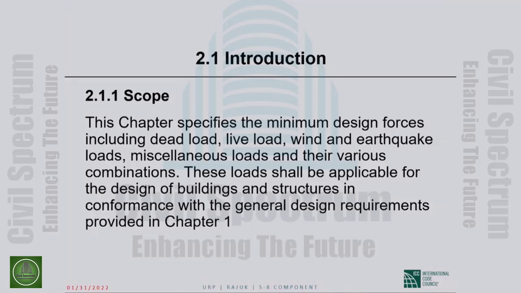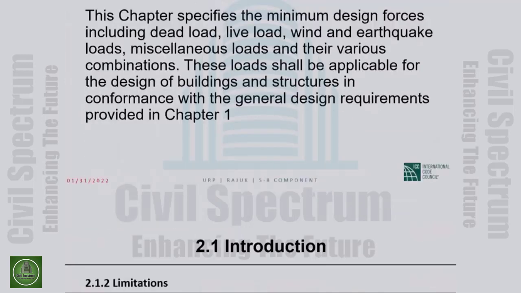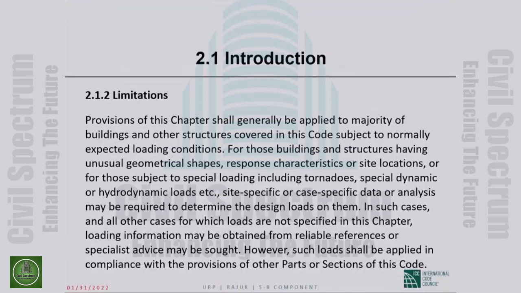These loads shall be applicable for the design of buildings and structures in conformance with the general design requirements provided in Chapter 1. I didn't get into them, but there are general design requirements. A few things will come up as we discuss the load combinations.